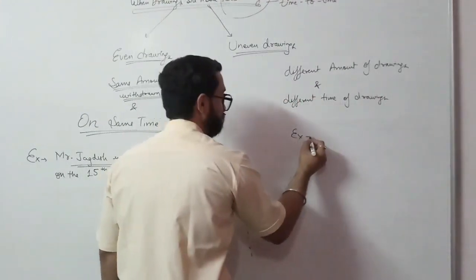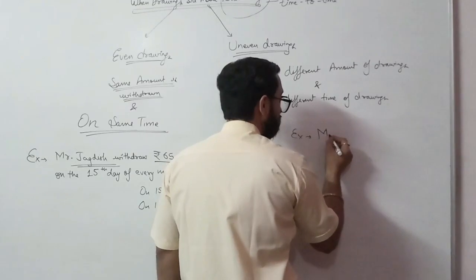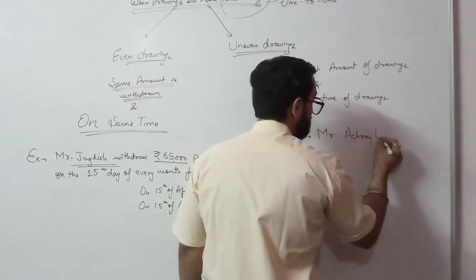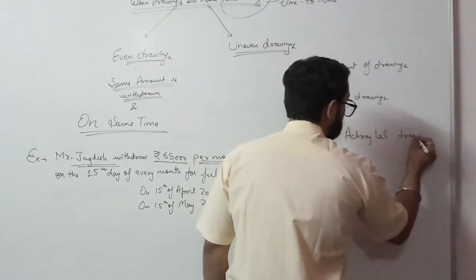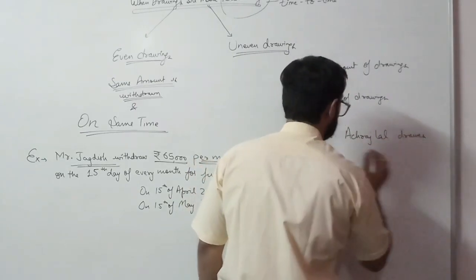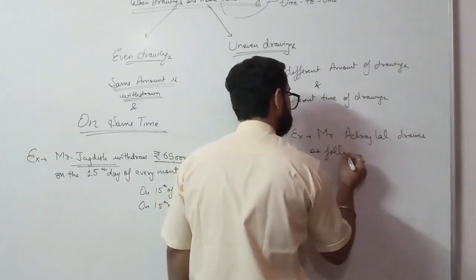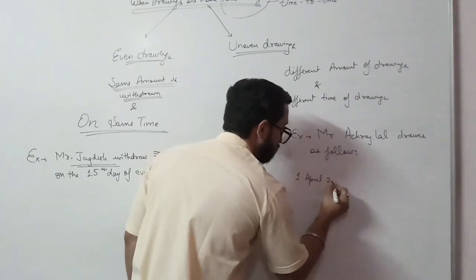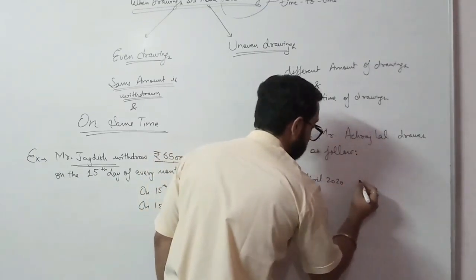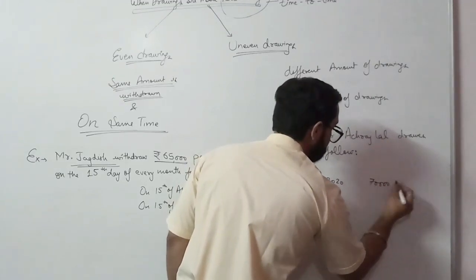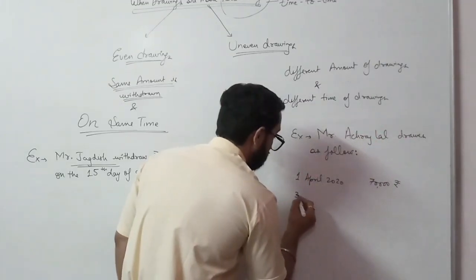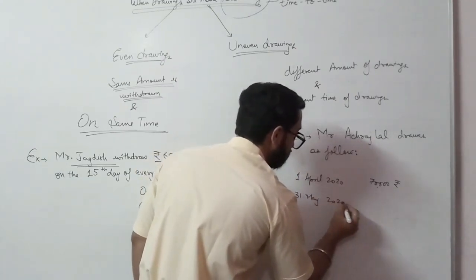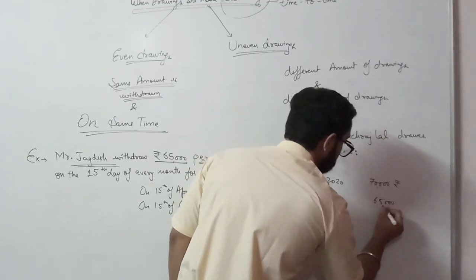Like for example, Mr. Ashcharaj Lal draws as follows. On 1st April 2020, 70,000 rupees. On 31st May 2020, 65,000.